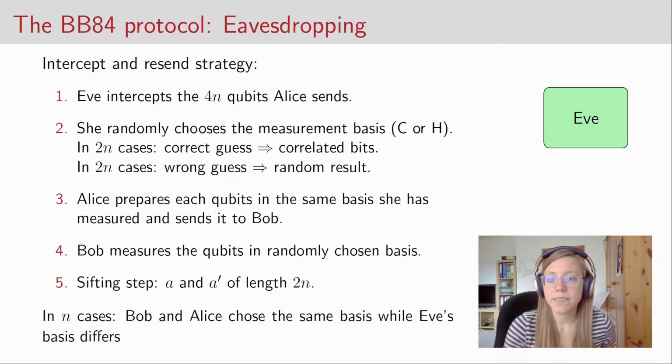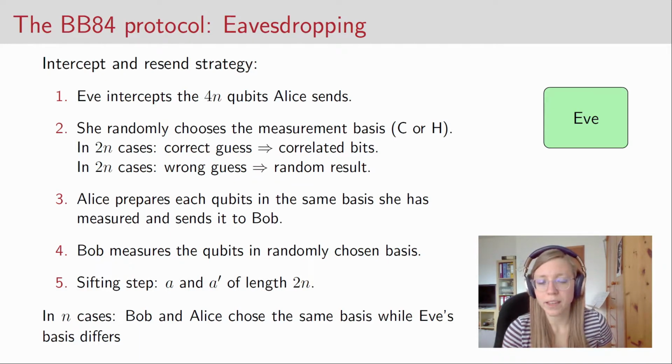And finally, in the sifting step, Alice and Bob compare the bases they have used, and they get key bit strings A and A prime, now of length 2n. In n of these cases, so in the bit strings they hold after the sifting step, Alice and Bob are sure they have chosen the same bases for these qubits.